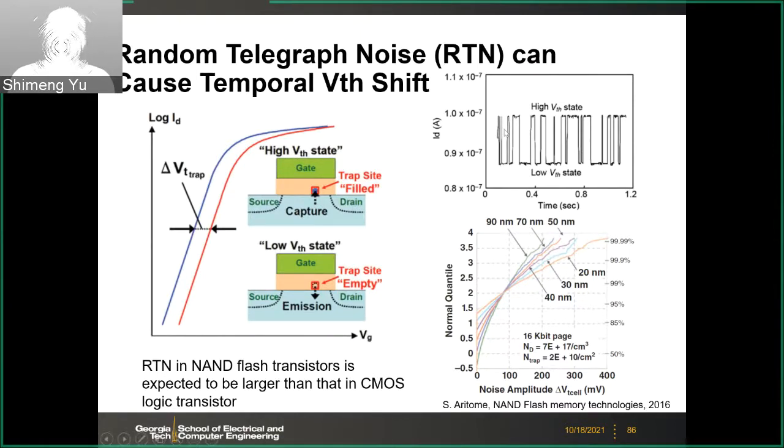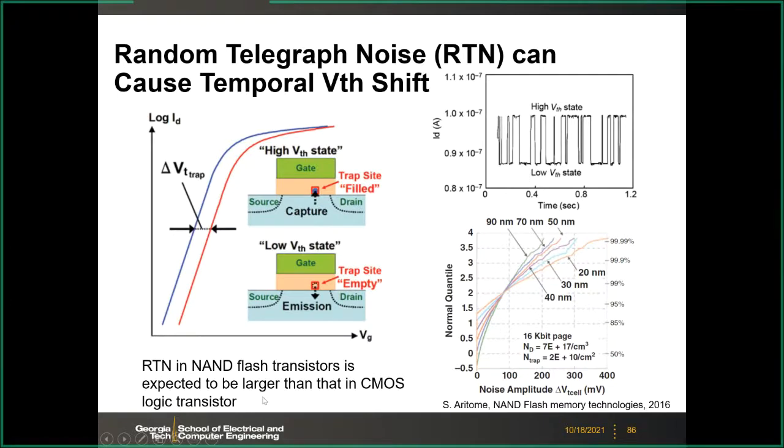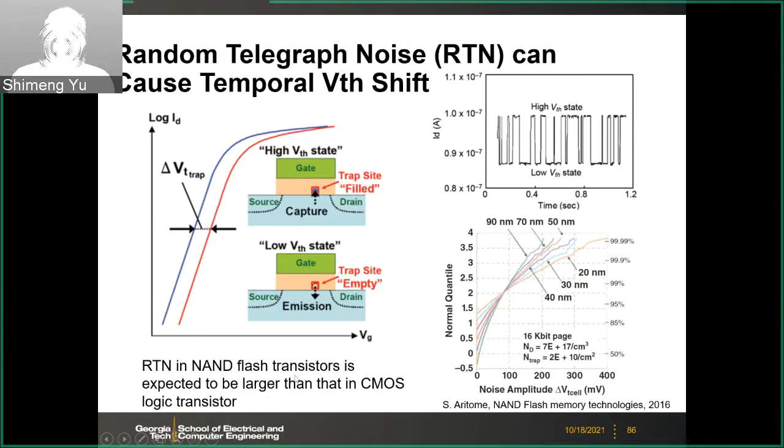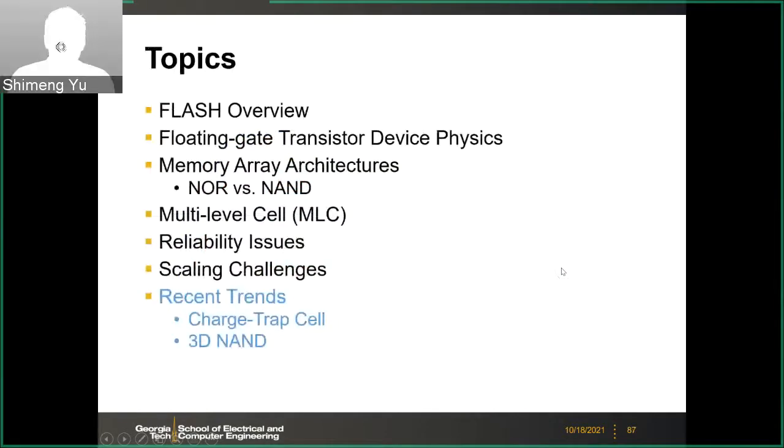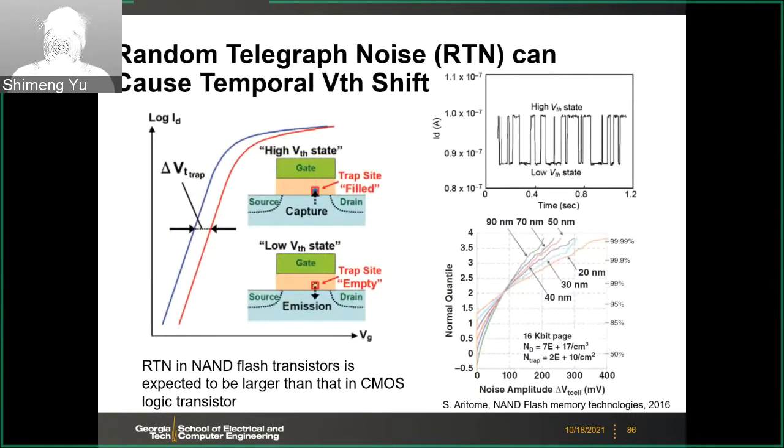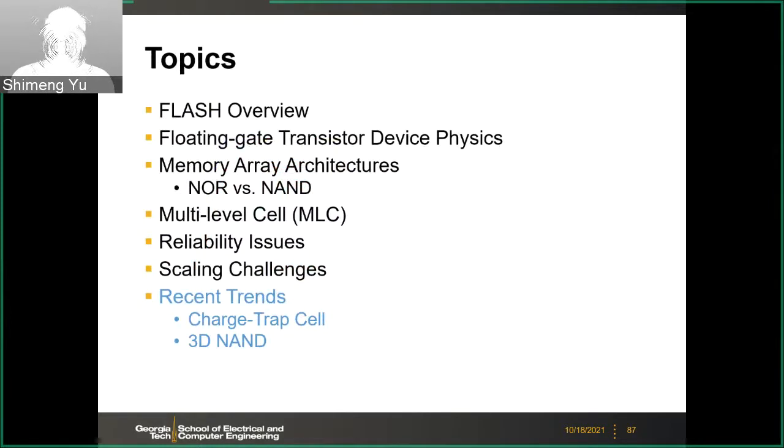That will further reduce the margin between the multi-level cells. As we scale, the RTN will become more significant. So those are the reliability or scaling challenges related to the 2D NAND flash. So we have many troubles in scaling the 2D NAND flash. That's why we have to switch to the 3D NAND flash, as we discuss next.